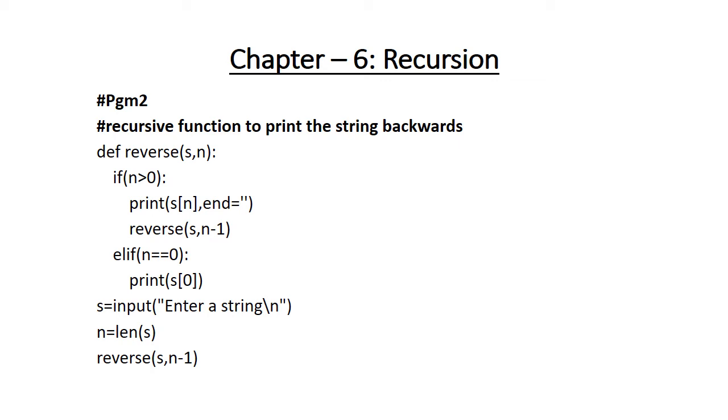Then it calls the function again: reverse s of n minus 1. That means the recursion happens. It goes till the second last one or till the last one. And when the value of n reaches 0, that means 0 is greater than 0, no. So to the else if part: if it is equivalent to 0, then print the last character. That way it prints the entire string in a reverse manner.